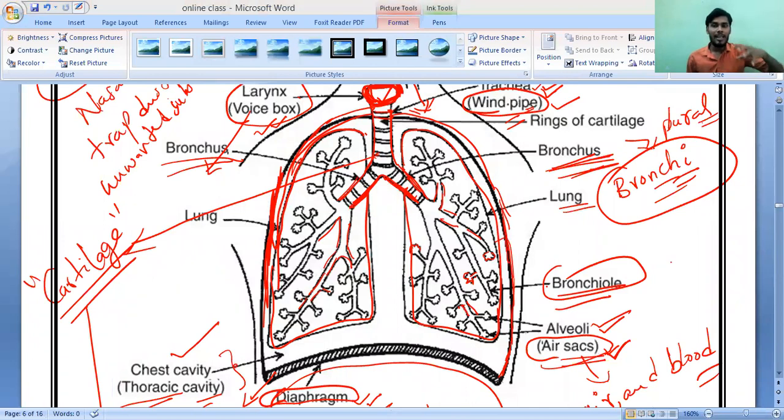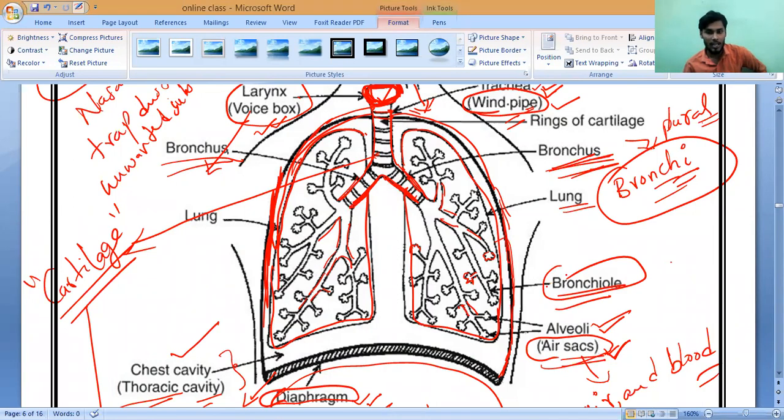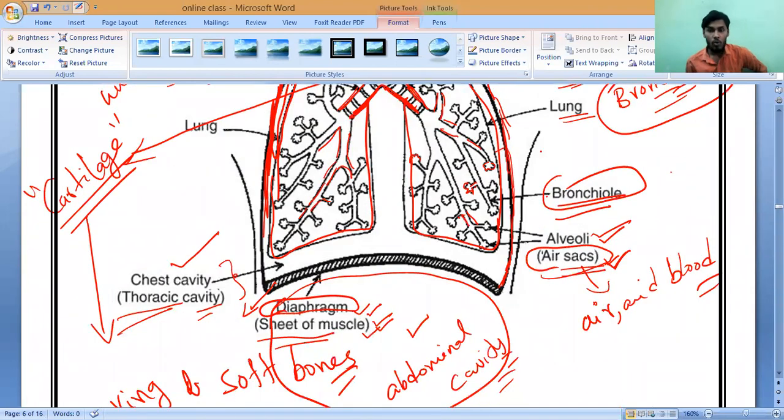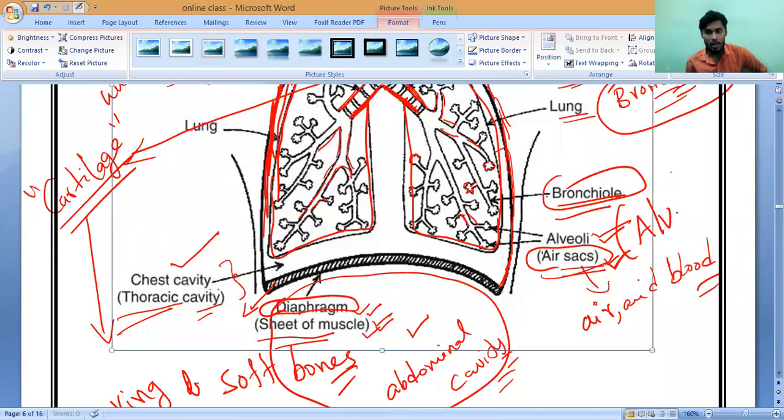The pouch-like air sacs at the ends of the smallest bronchioles are called alveoli. Alveoli is the plural form of a singular one. What is that singular one? Can anybody say? Alveolus.